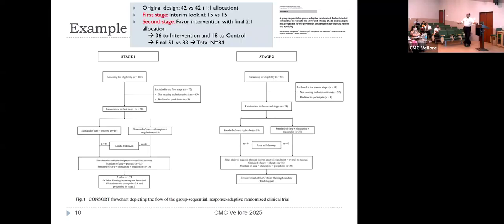And the unblinded statistician is given access to go into that computer and say, switch from this randomization scheme to this one. Nobody knows.